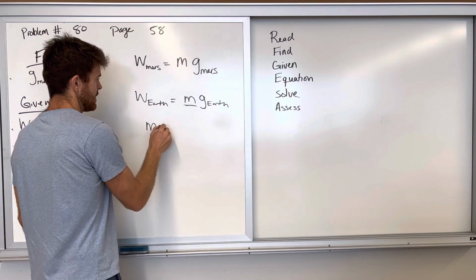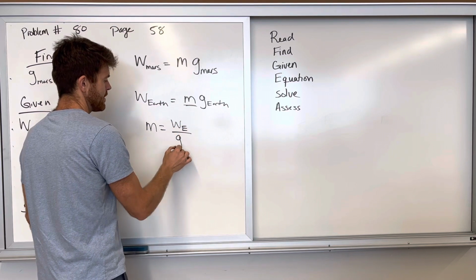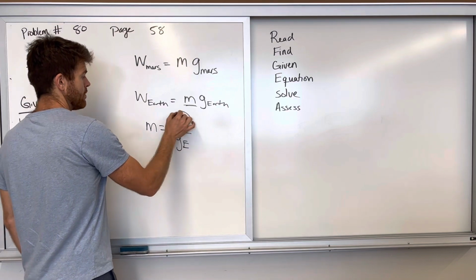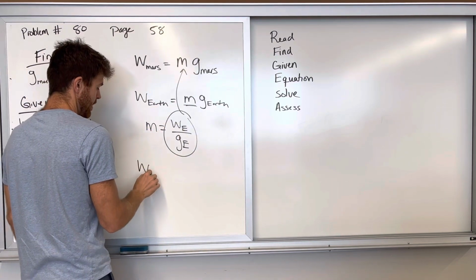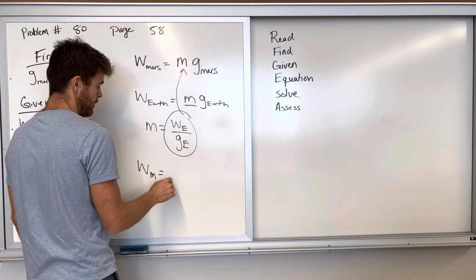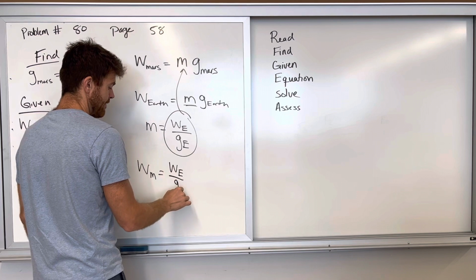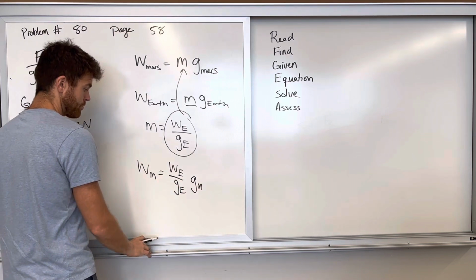So its mass is equal to the weight on Earth divided by the acceleration due to gravity on Earth, where we use E for Earth. And now we can substitute this in for mass here. So the weight on Mars is equal to the weight on Earth divided by the acceleration due to gravity on Earth, times the acceleration due to gravity on Mars.